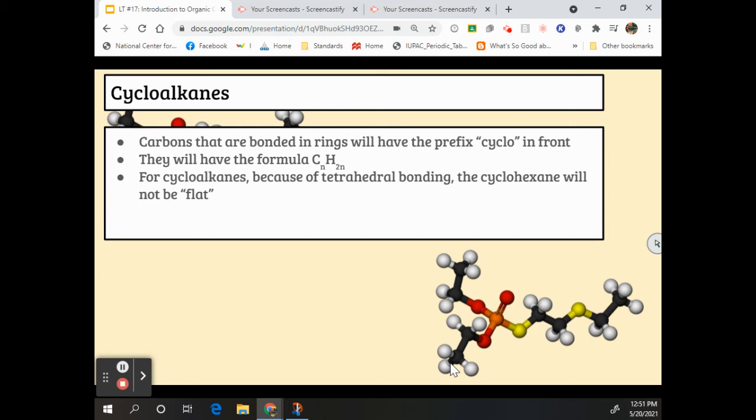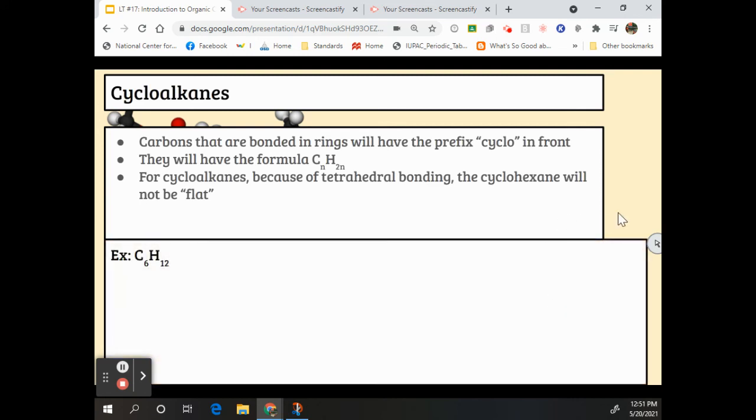You don't have that additional hydrogen attached to the end because it's ringed into itself to make 4 bonds. And for cycloalkanes, once you get to 6 carbons in a ring, those cyclohexanes stop being flat, and in fact, they end up being kind of like a saddle, and I will show you what that means in a second.